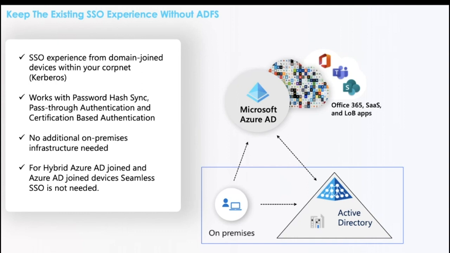We won't talk about this in this webinar, but in subsequent ones we might talk further about Intune and being able to have Azure AD joined machines. For non-Azure AD joined and domain joined machines, this is the single sign-on experience, so users don't have to log in to the MyApps portal as you saw. They seamlessly sign in based on the credentials they're logged in with on their Active Directory joined device.